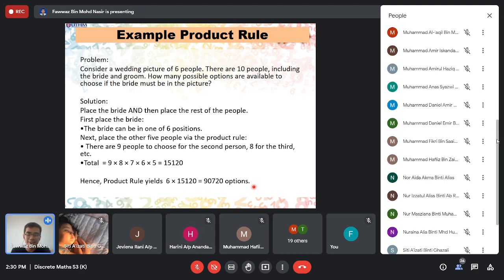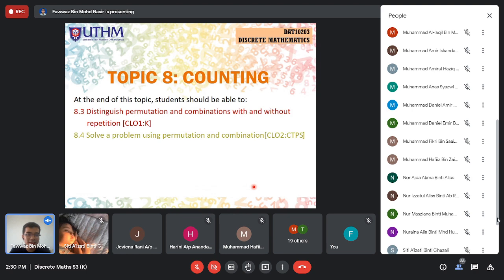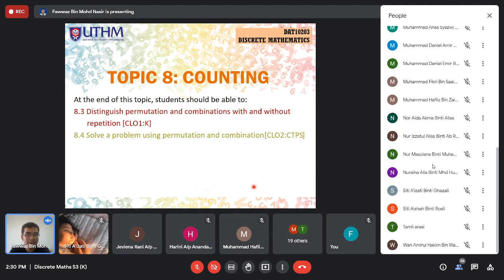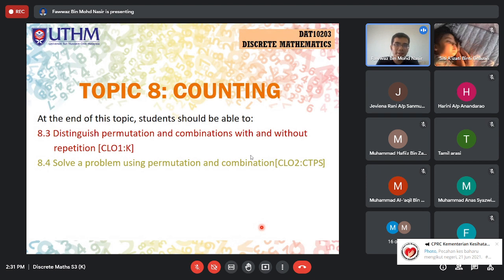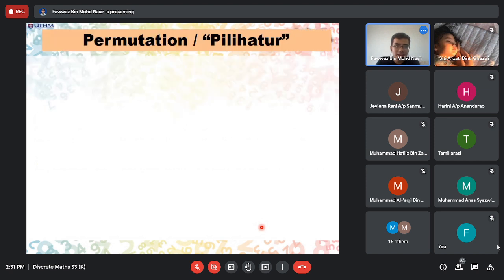So we look at the third subtopic and the fourth. Okay. So in this subtopic basically kita tengok macam mana nak distinguish between permutations and combinations and how to use dia punya formula dia. Okay, so we look at the permutation first.